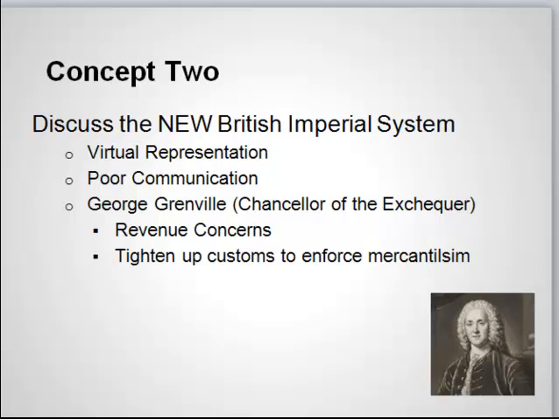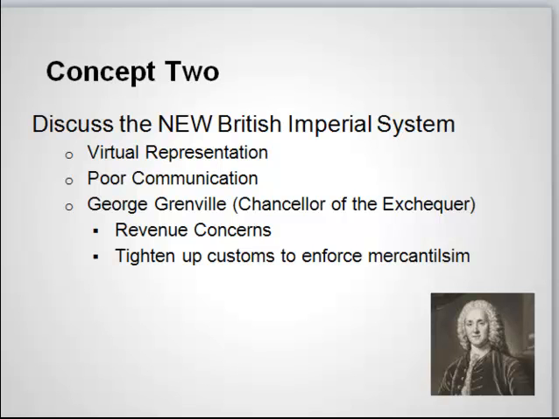English authorities usually looked the other way when the colonies violated parliamentary regulations or taxes or certain laws. The colonists went on quietly breaking the laws, and they could, without openly challenging Parliament's right to pass them. In 1763, George III appointed George Grenville the new Chancellor of the Exchequer, basically like a Secretary of Commerce.